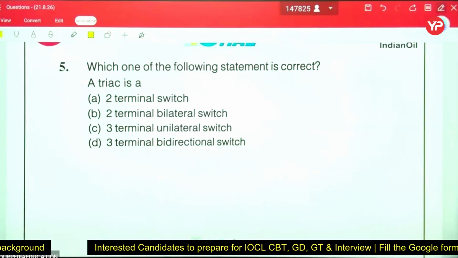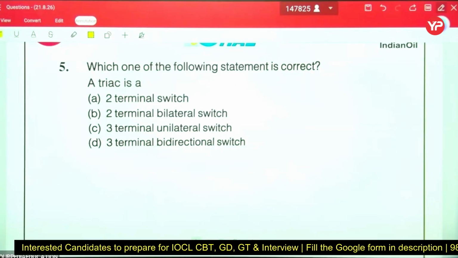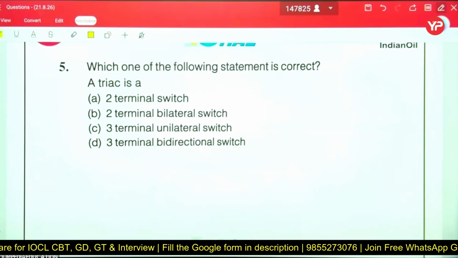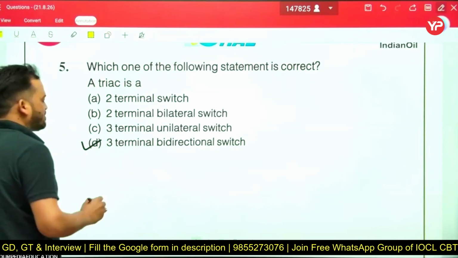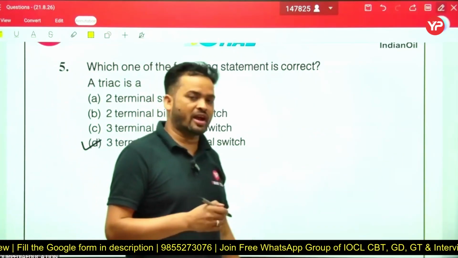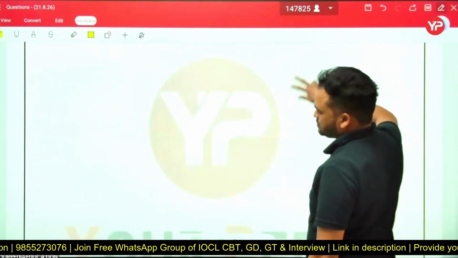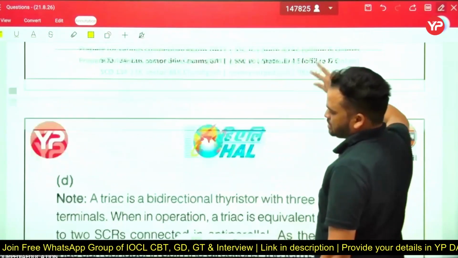Option D, sir, it is a semiconductor switch. Yes, option D is right: a three-terminal bidirectional switch. Two terminals are main terminals and the third is the gate. Okay, this is the explanation.